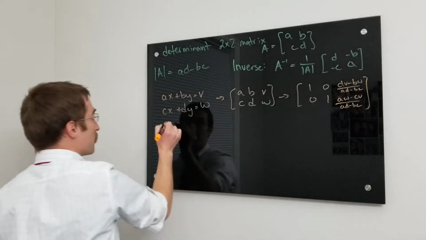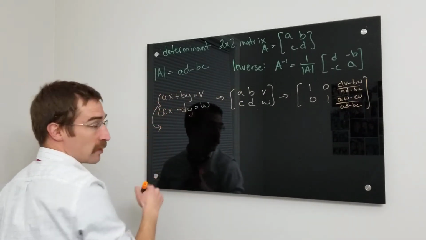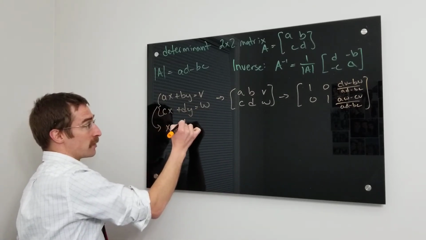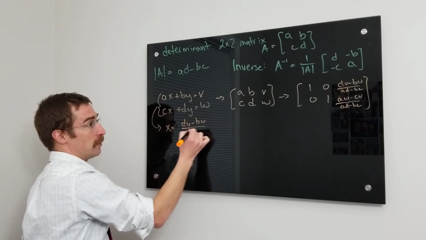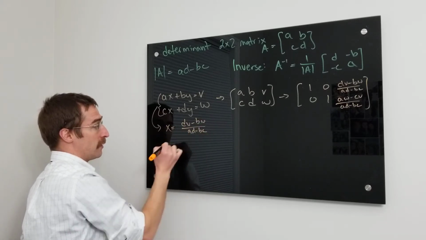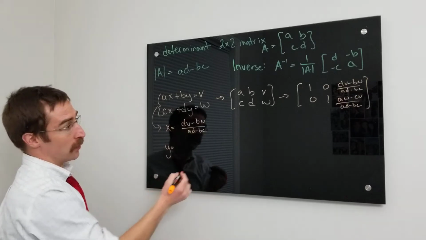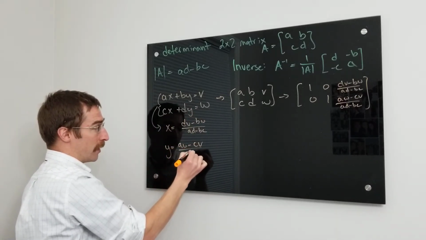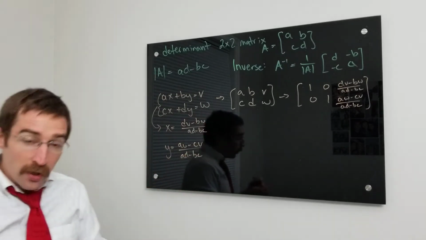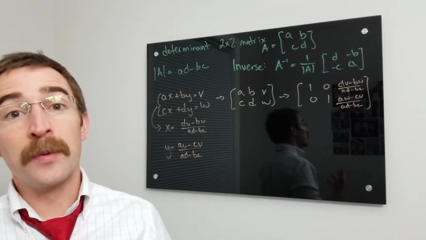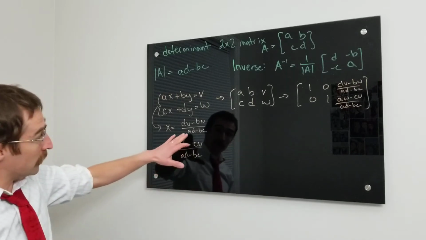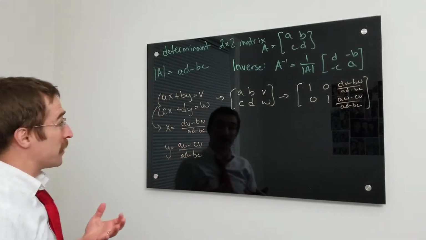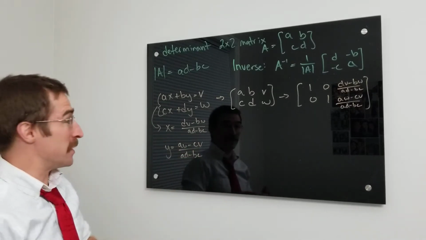In other words, the solution to this system of equations for any 2x2 system is going to be x equals dv minus bw over AD minus BC, and y equals AW minus CV over AD minus BC. So you'll notice, in order for there to be a solution, the denominator, because each of these is a fraction, cannot be 0.